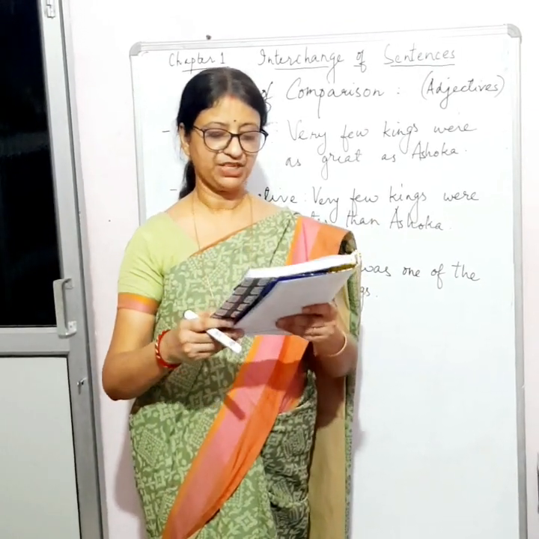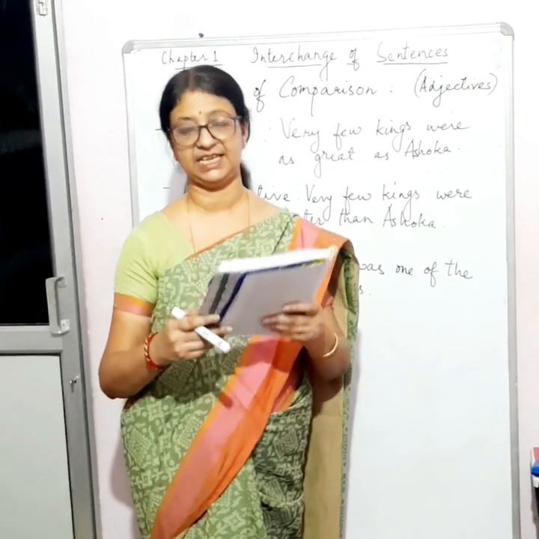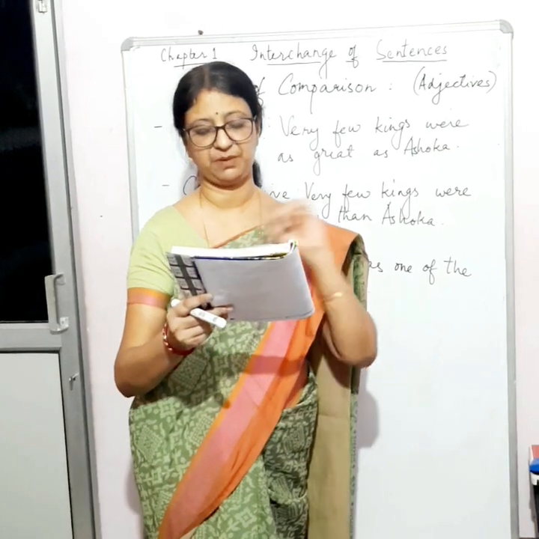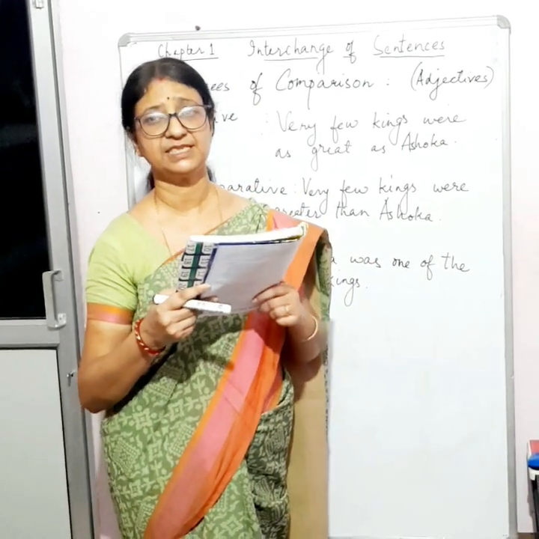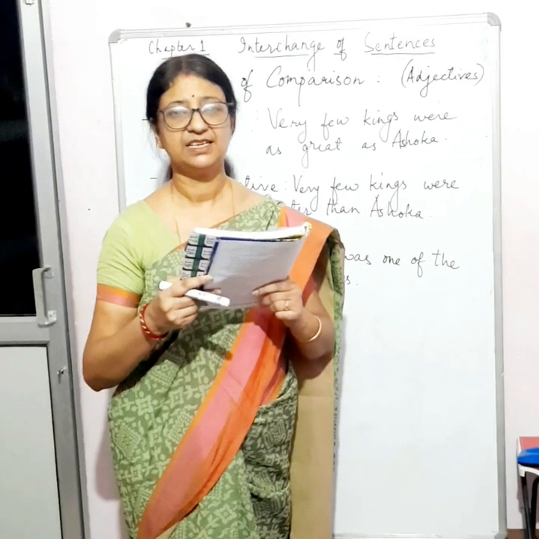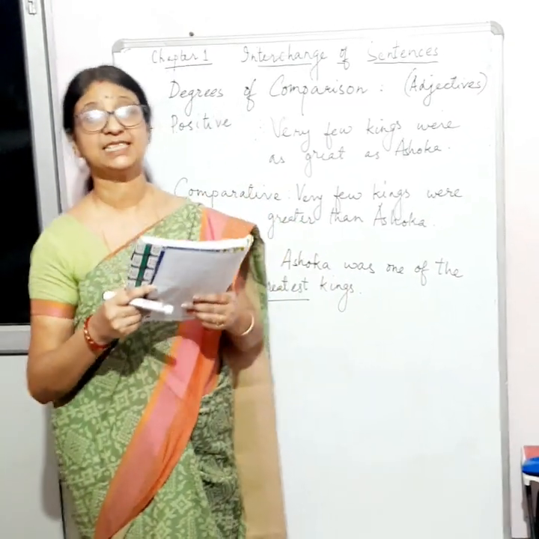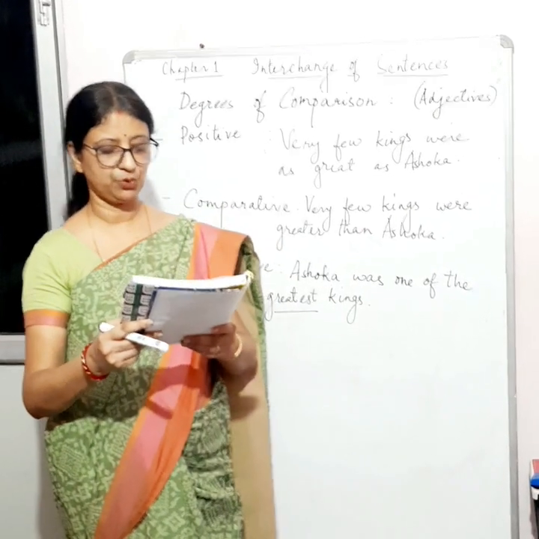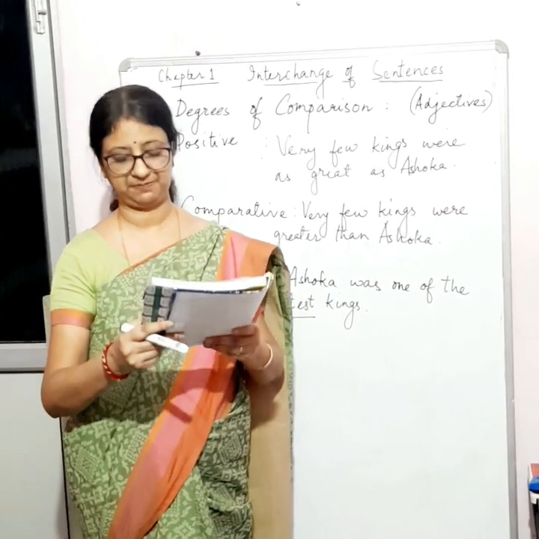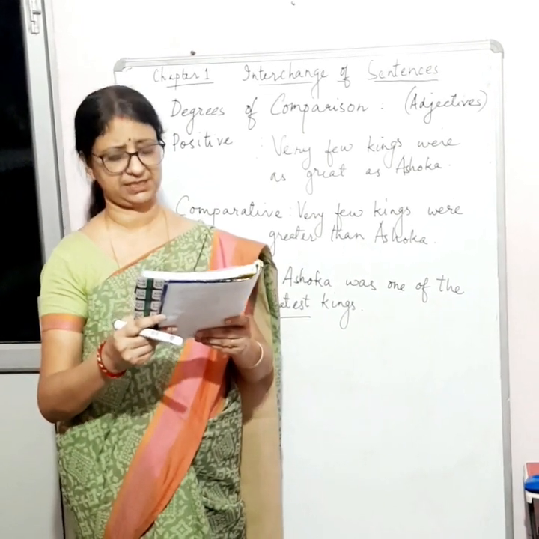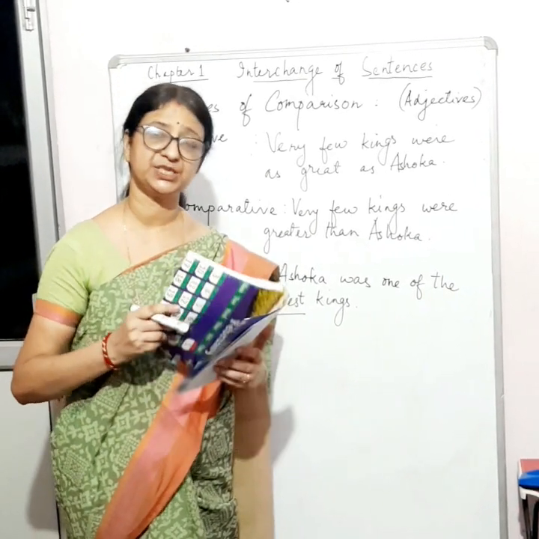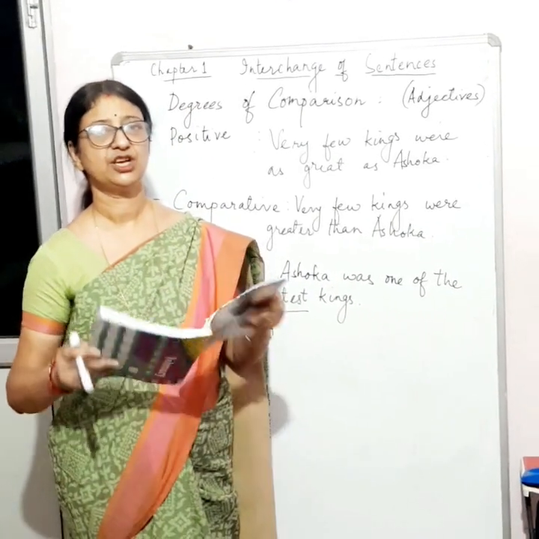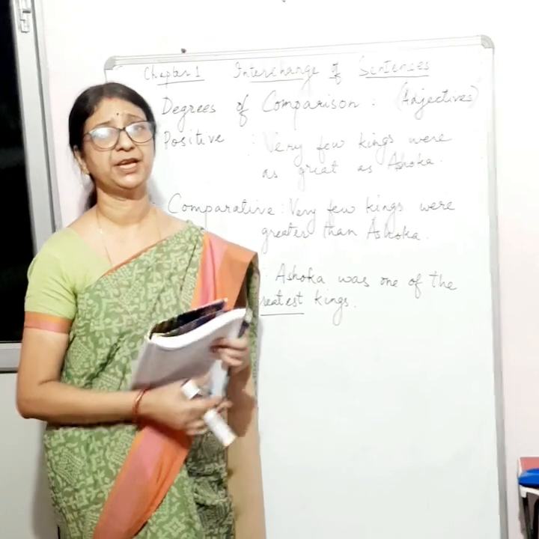Next one, we shall never see his like again. Change it to a question: Shall we ever see his like again? Third one, her beauty is beyond praise. She is too beautiful to be praised.